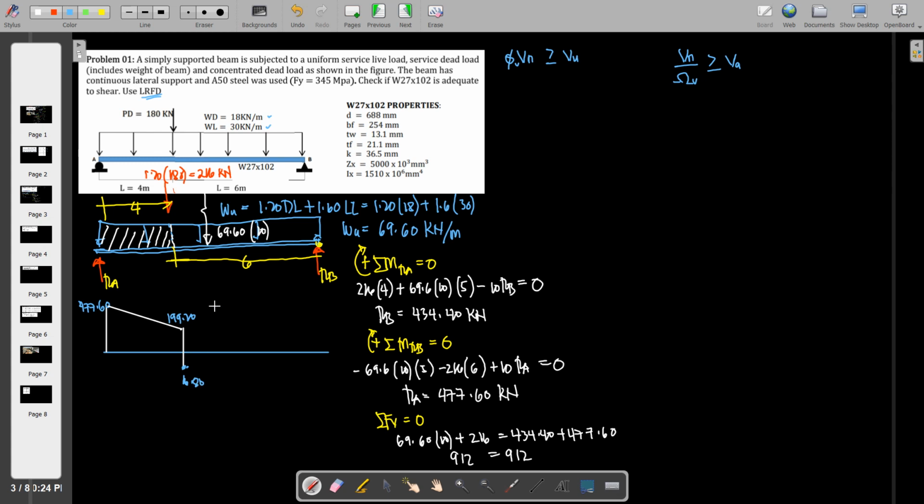And then going downwards, the portion here of our distributed load is actually 69.6 by 6, that is 417.6, plus 16.8, that is 434.4.